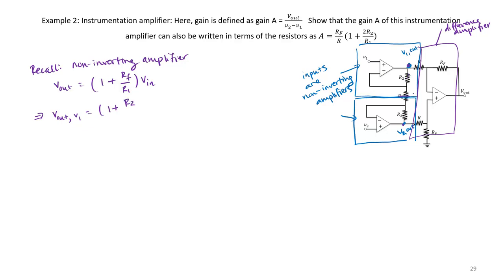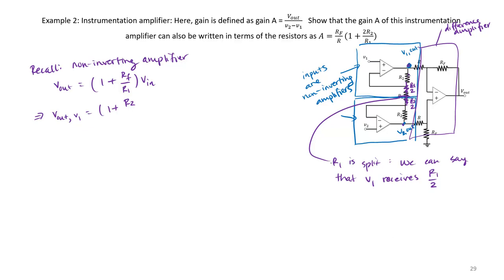And notice this resistor R1 is split. Notice we could say that V1 receives R1 over 2. We could say that R1 over 2 is associated with the top non-inverting amplifier, and the rest of that resistor R1 is held by our lower non-inverting amplifier.